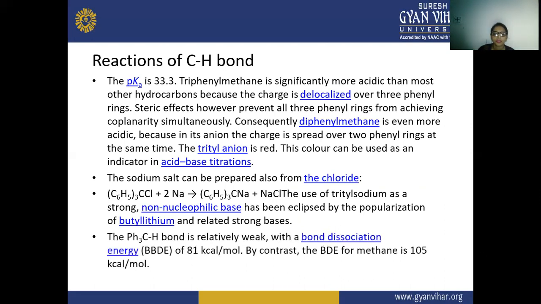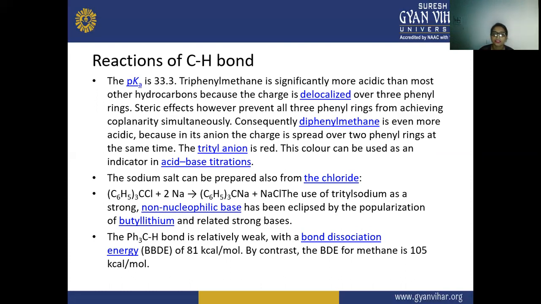Next, reaction of the C-H bond. It shows this type of reaction, and it can be deprotonated by a strong base such as butyl lithium and related strong bases. This bond is relatively weak, with a bond dissociation energy of 81 kilocalories per mole, and it has a pKa of 33.3.